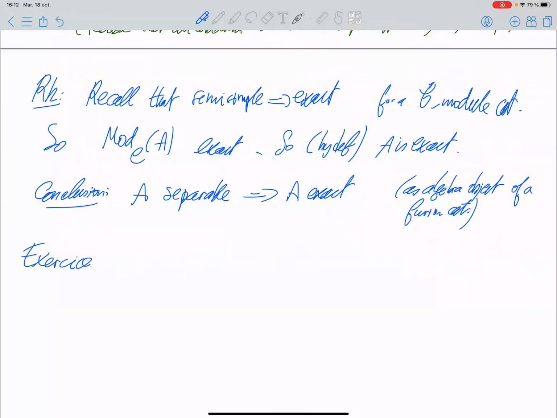But yeah, let me state the definition before. The definition we will see generalizes the notion of semi-direct product in group theory.